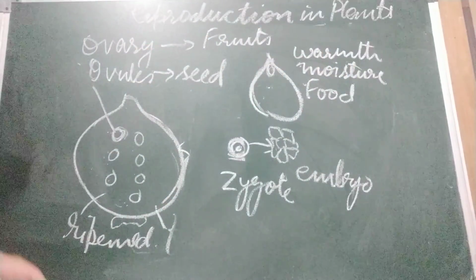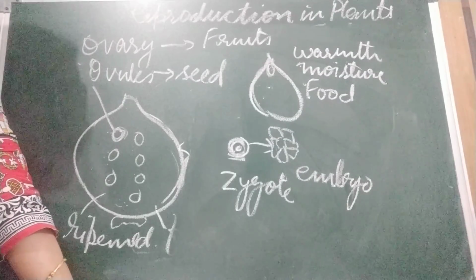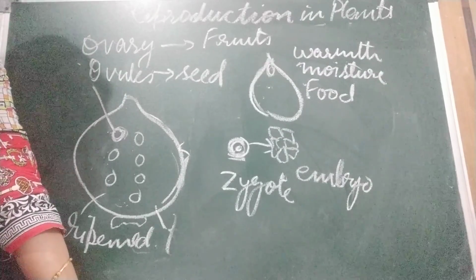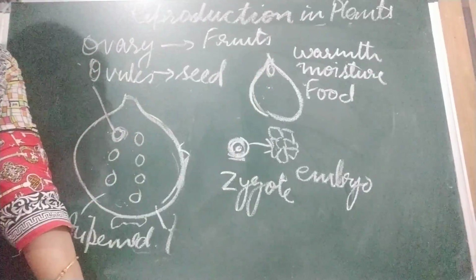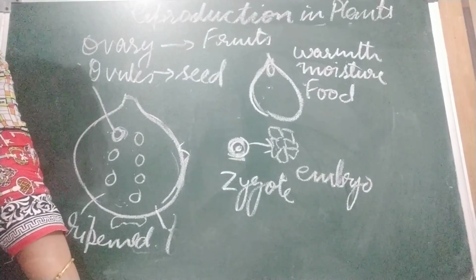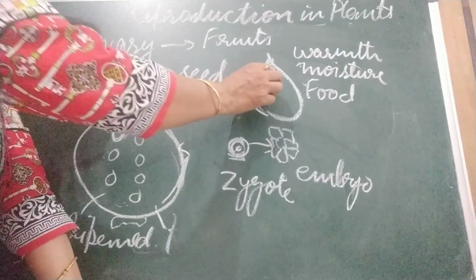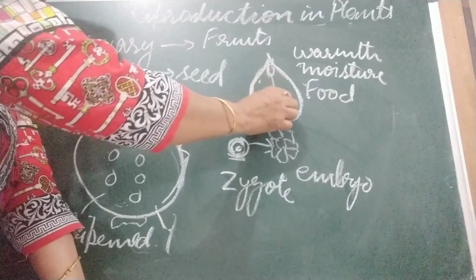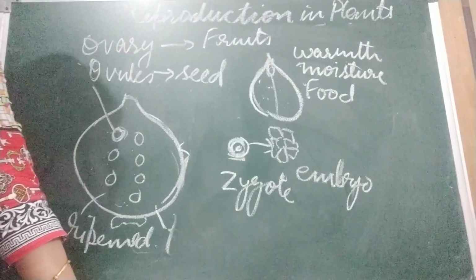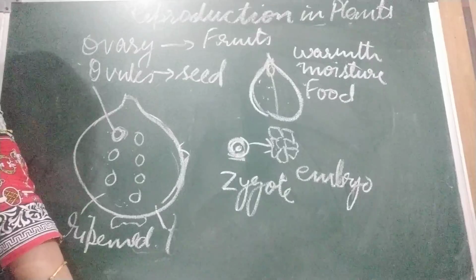Children, for germination you must have done this activity in your previous classes. You have soaked the gram seed in water, meaning you are giving it moisture, and the food present in the seed is the food for this embryo or baby.